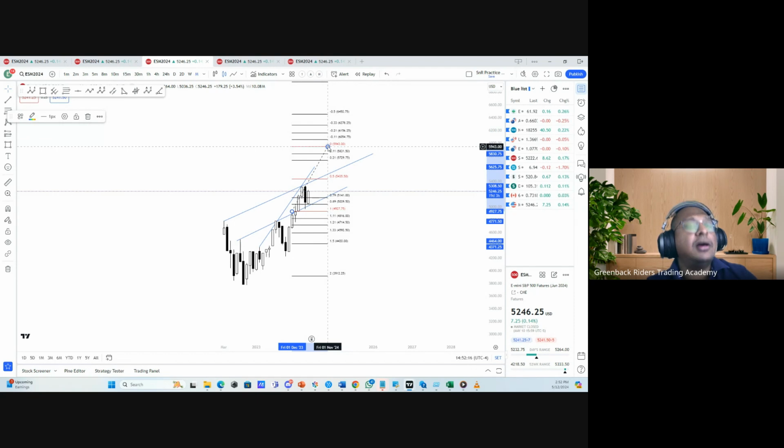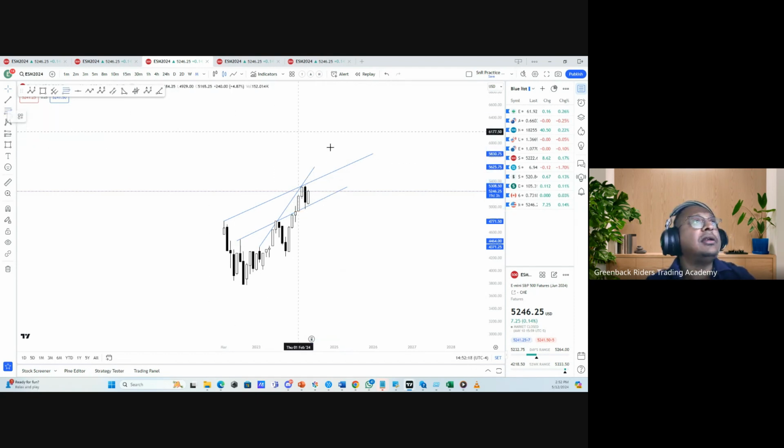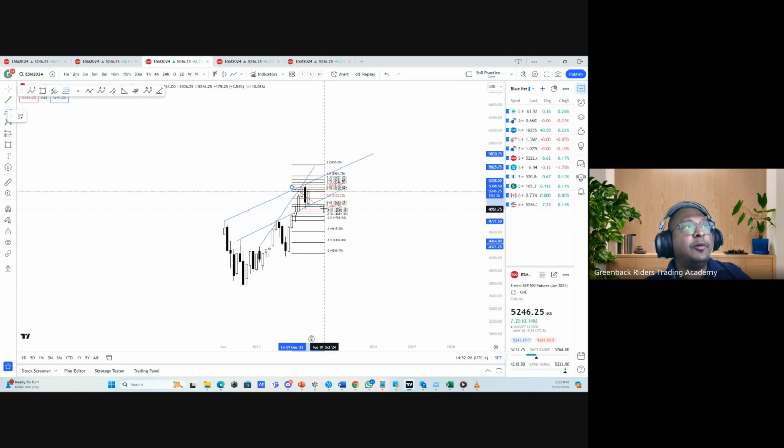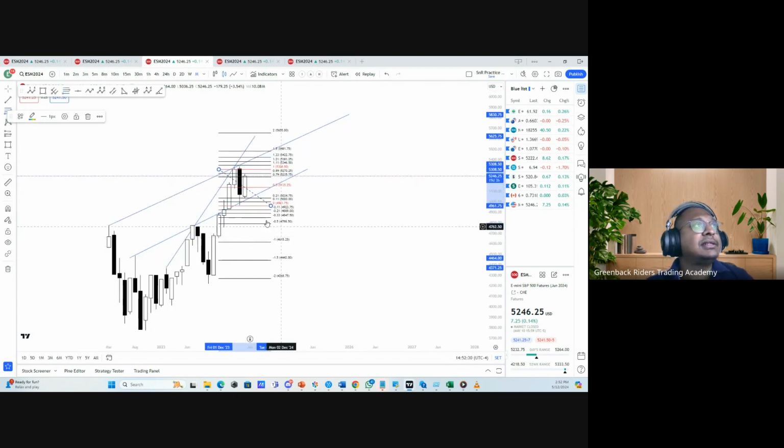If I remove this one and create a new one here, if that was their first buy, and the bottom of this red or black candle is their scale in buy, then you can see they have already reached their 50% target. They are break even and they are trying to move up.